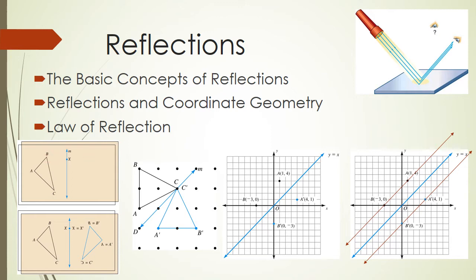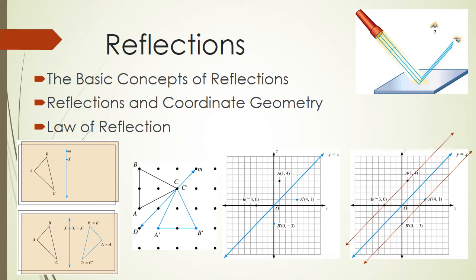And you would make sure that B was equally far away from line M. But what you will see here is that when you do that, you actually create a different orientation for the triangle. It's a flipped orientation. And if we look at this dot paper diagram, we'll see that this example with line M, the same thing happens here. We have A and A prime equally far away from line M, but they create a different orientation.